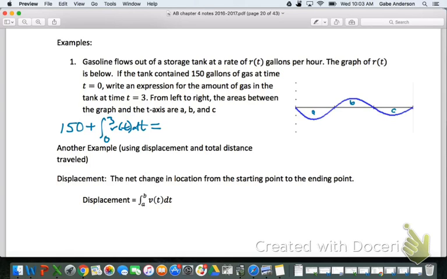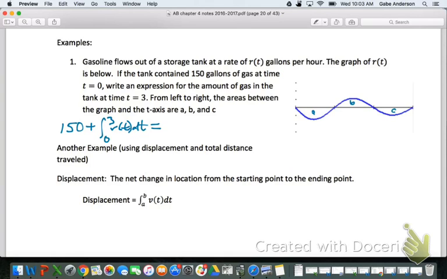Okay. Wait, so is this graph a velocity graph? There is no velocity involved in number 1 whatsoever. So it's just the amount? It's a position? No. It explains clearly what r of t is. It's just that there's no velocity. I'm not sure what you mean by velocity. Okay, never mind.